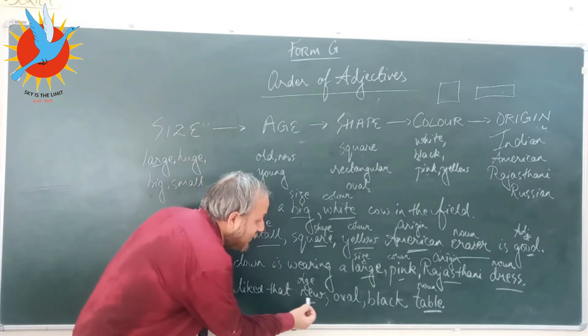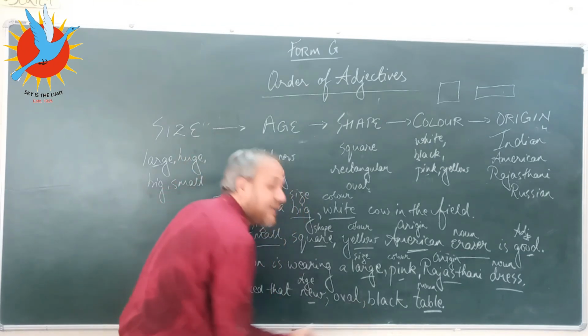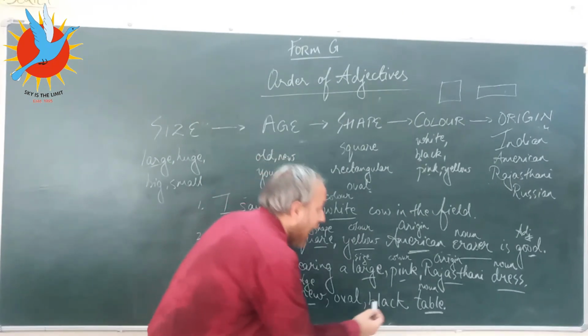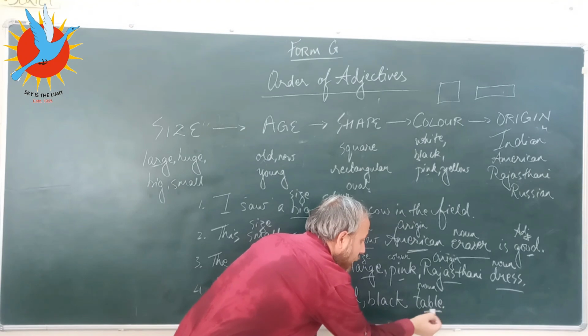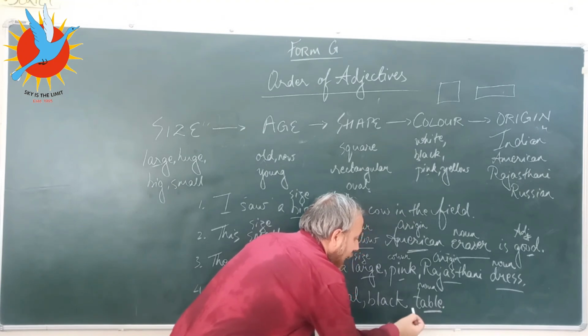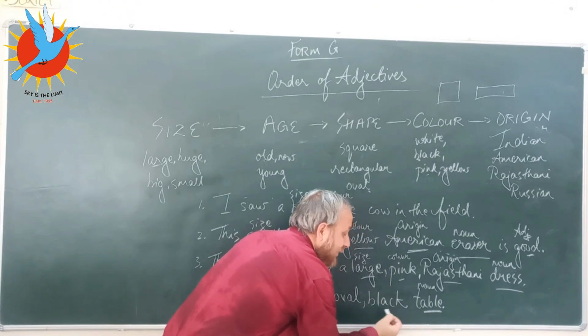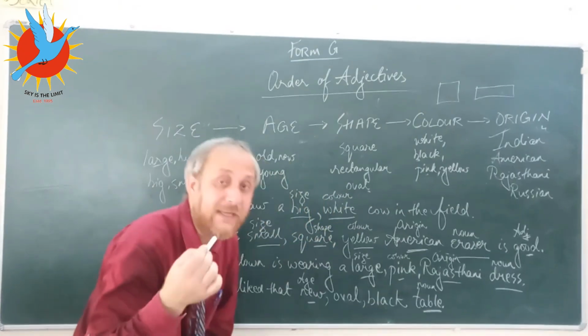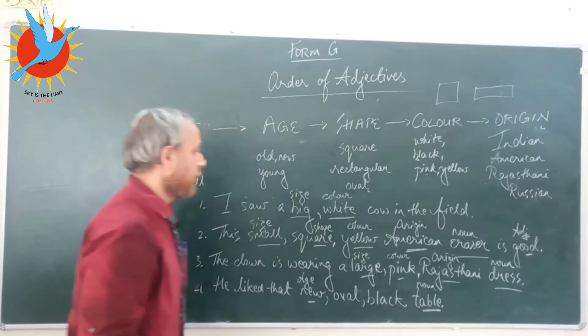After the first adjective, I've placed the comma. After the second adjective, again I've used another comma. But before the noun, I have not placed a comma here. Okay, so after the last adjective that you use to describe the noun, please don't use the comma.